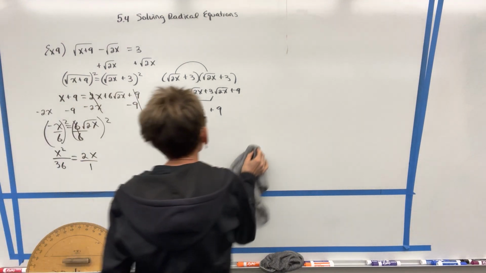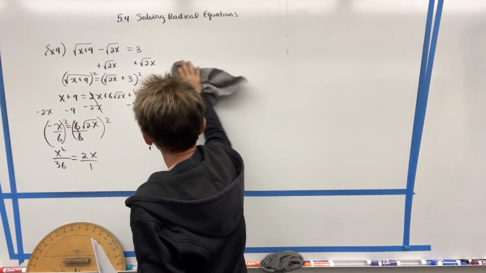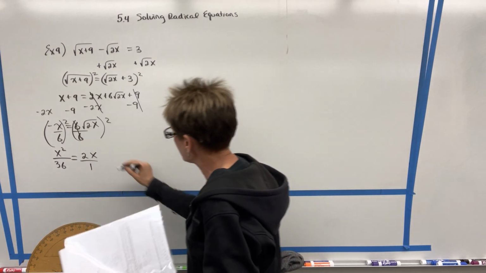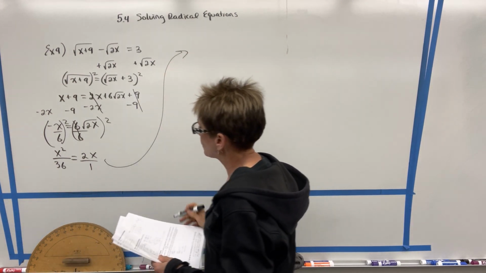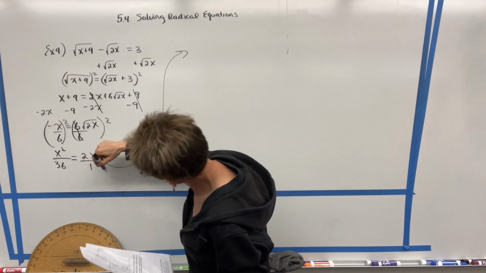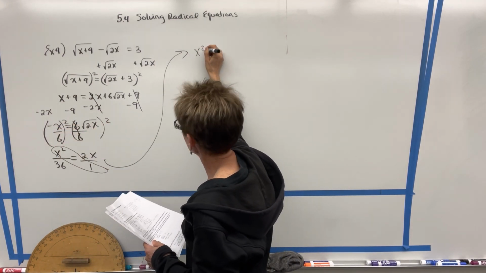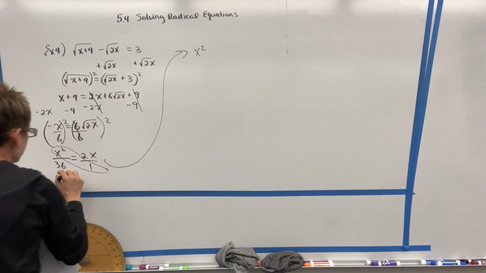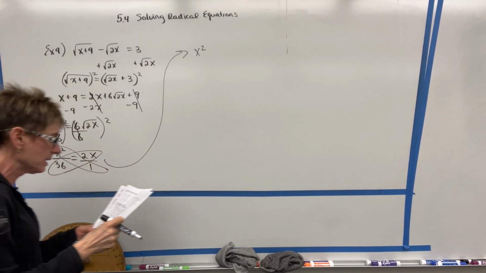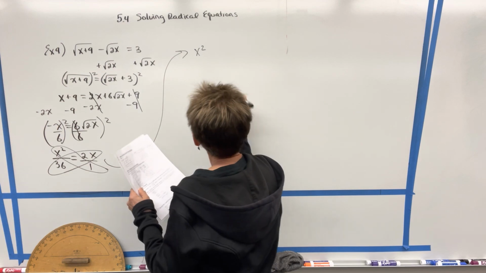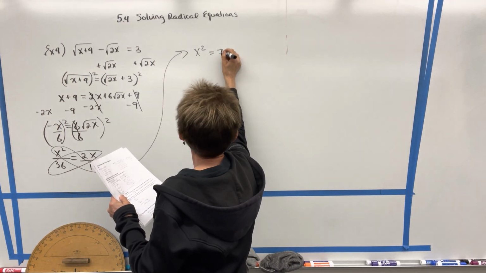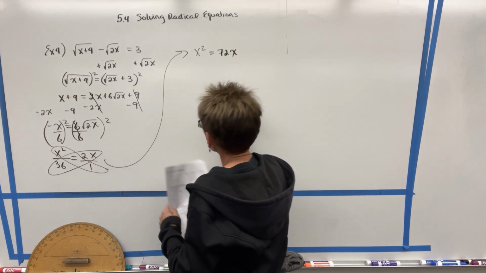And I think I'm going to erase this extra work I did off to the side just to give ourselves a little bit more room. So I would cross multiply. On this diagonal here, I'm taking x squared times 1. And on this diagonal here, I'm taking 2x times 36. So I'm getting x squared equals 72x.